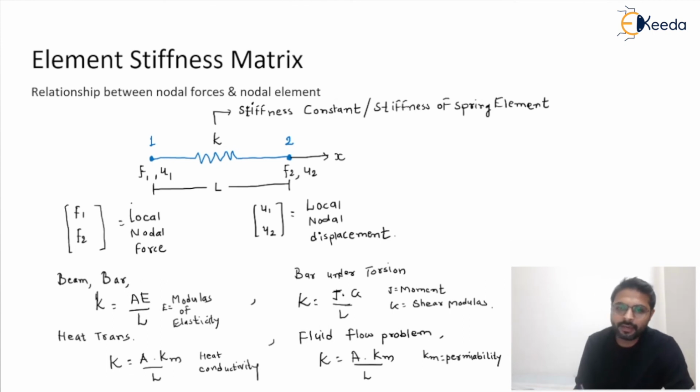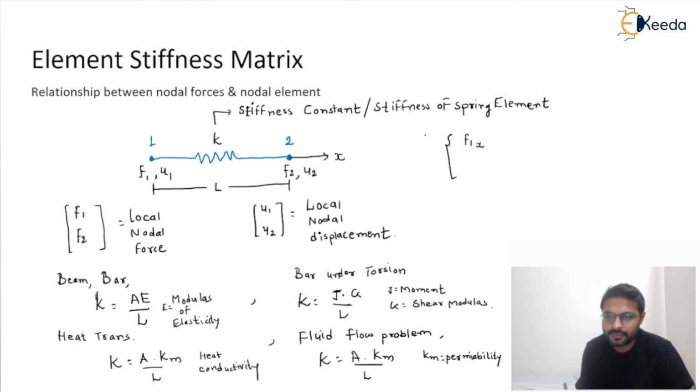We have defined the local nodal forces, then the local nodal displacements, and we have defined K, that is the material property, which is different for different types of problems. Now we have to give the relation between these two. So how can we do that? By combining these.